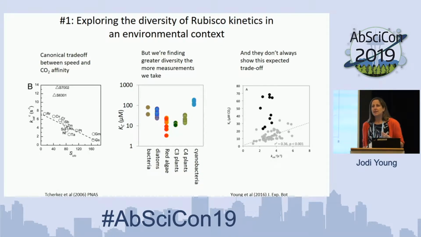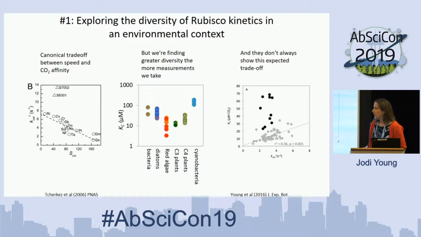The current consensus on why Rubisco isn't so much better than what it is, is that Rubisco is adapting and evolving, but it is biochemically constrained between how fast it can fix carbon and how specific it is for CO2.